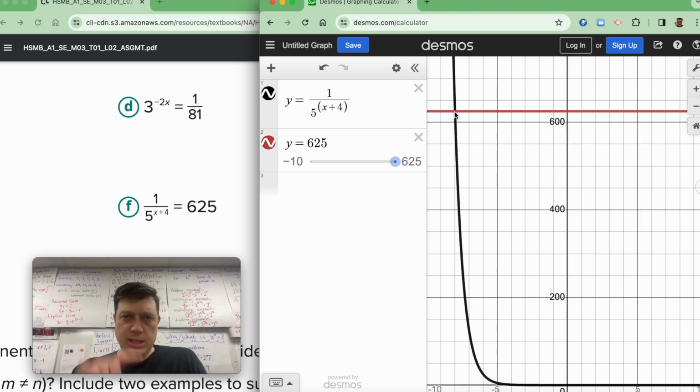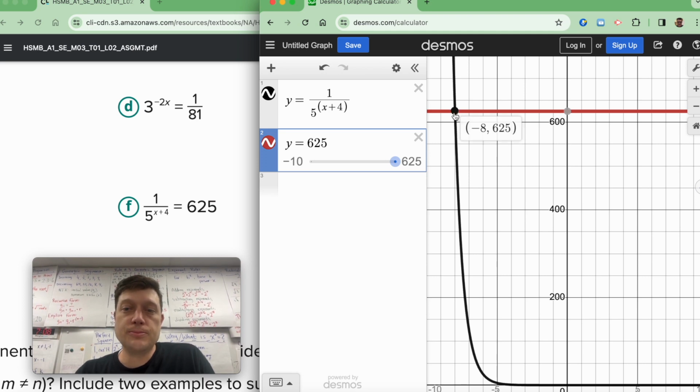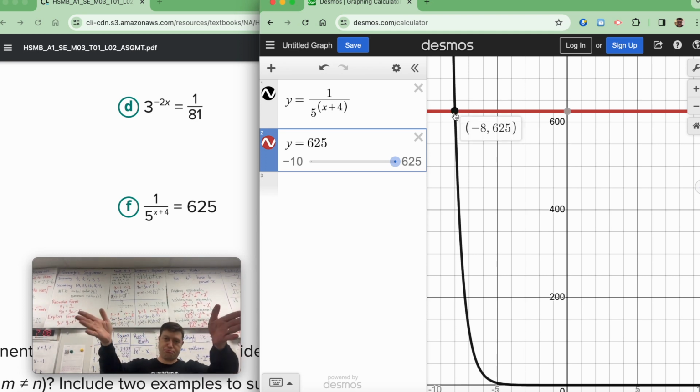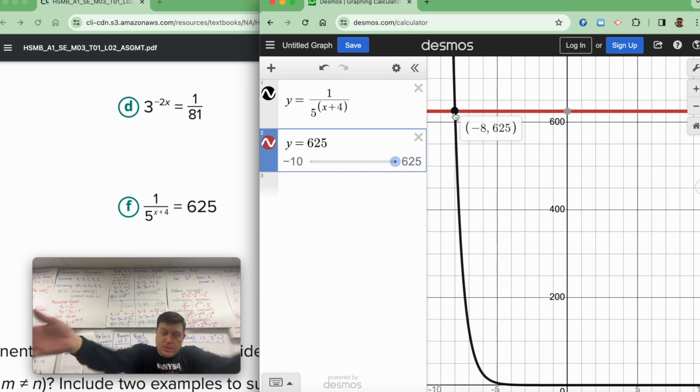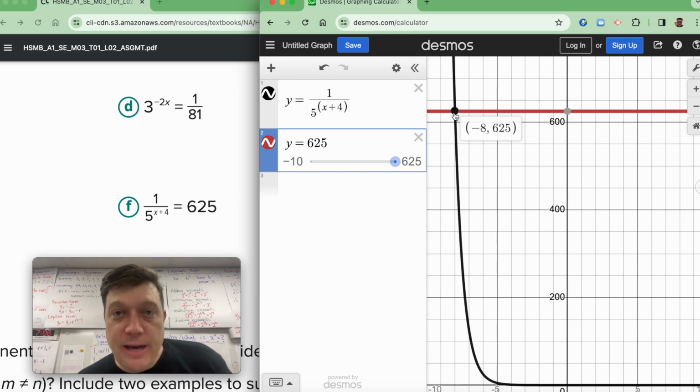If you do this, you click on the location where the two functions intersect, which is the left half of this equation and the right half of this equation. When you click where they intersect, you get the solution. You see, x equals negative 8.